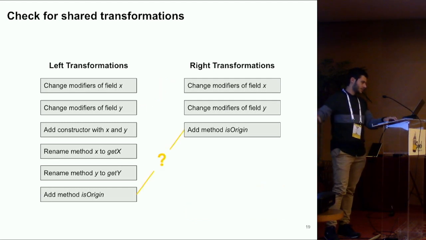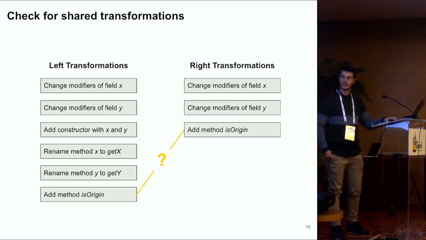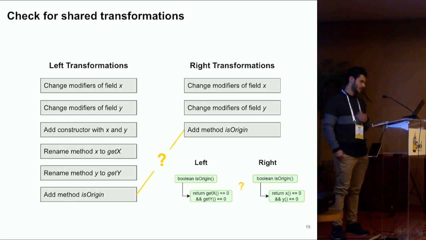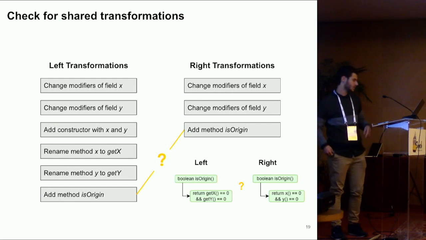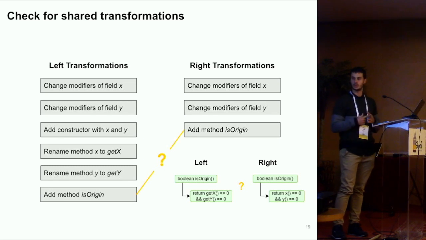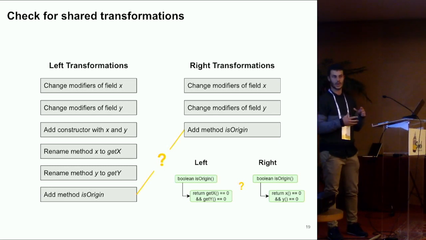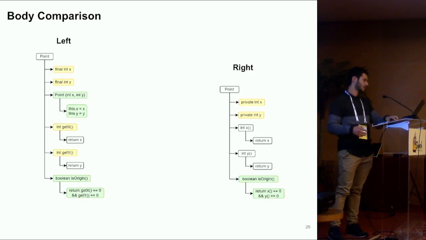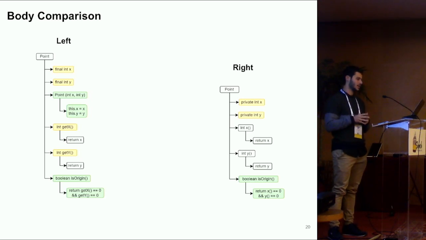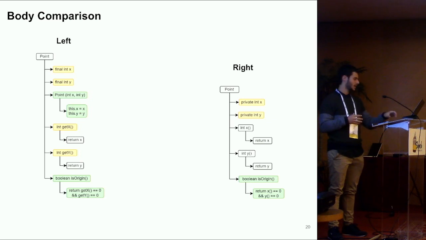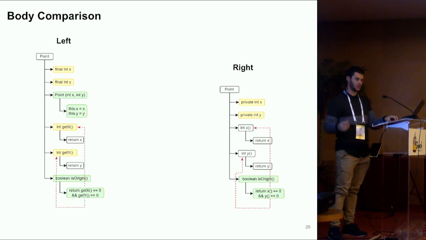In addition, we have the add method isOrigin that also has the potential to be redundant. As we can see, their body is textually different, although we need to make a special parenthesis to explain how we handle body comparison here. Our body comparison starts by getting the UUIDs of the elements that the references point to.